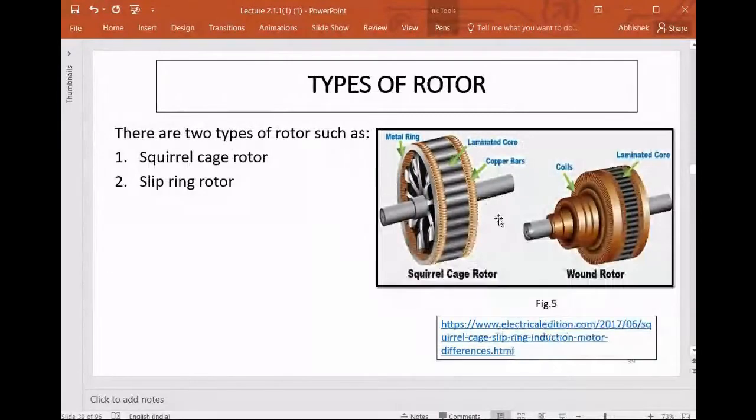Okay, so these two types of rotors we have seen in the previous session. The first one is called squirrel cage rotor, whereas the second one is called phase wound rotor. The major difference between these two rotors is that the squirrel cage rotor is connected directly to the shaft, whereas the phase wound rotor should be connected to the rings, and we can connect external resistances to this particular type of rotor.